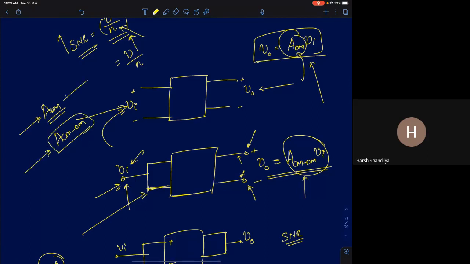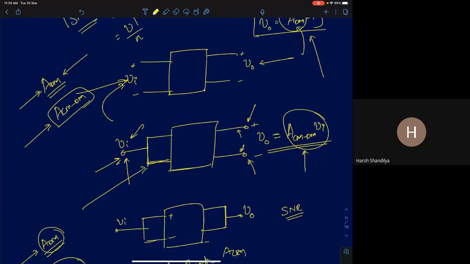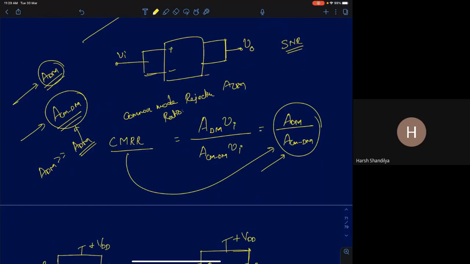You should also know how much actual signal content is present. Therefore, a metric that captures the common mode response of an amplifier better is CMRR, common mode rejection ratio, which is the differential mode gain divided by ACM-DM, the common mode gain in differential mode.